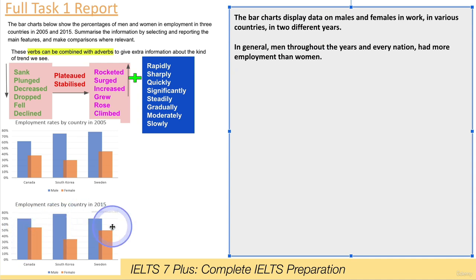We could touch upon the fact that in 2015, overall, in 2015, there was more work for everyone. Or more people were in work.